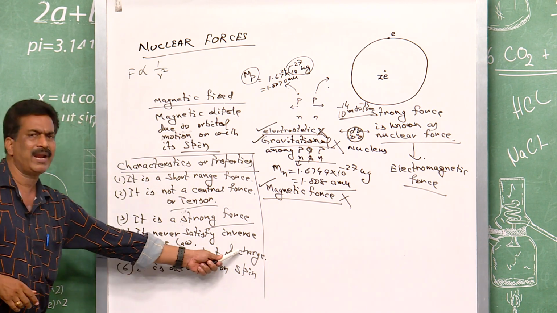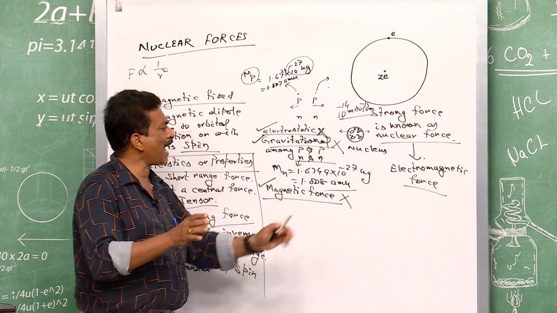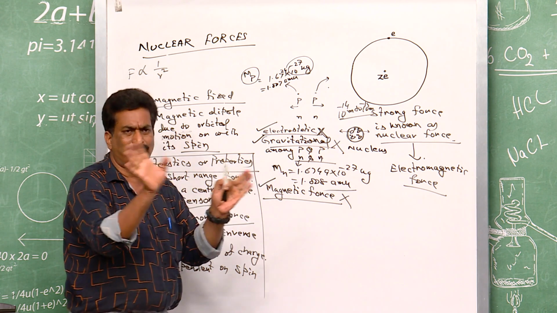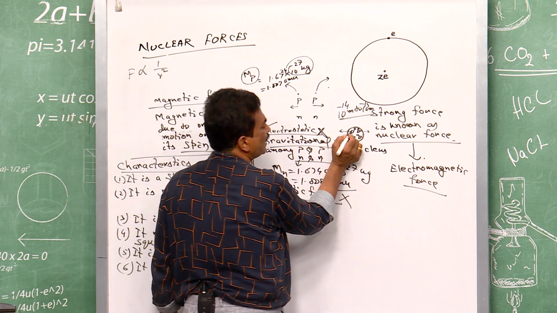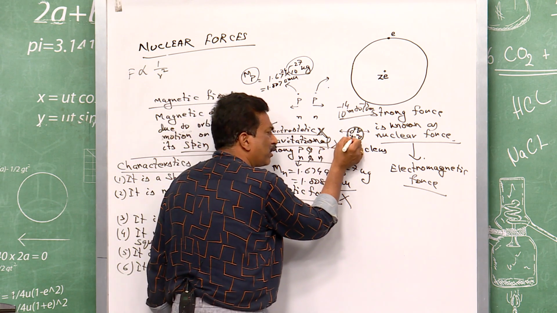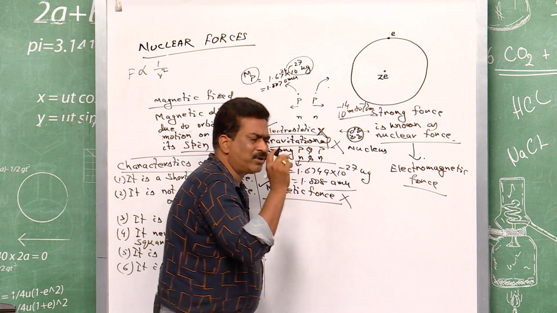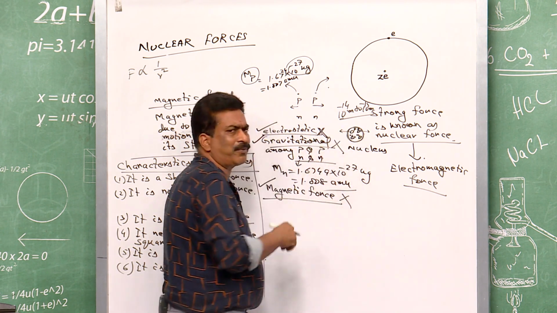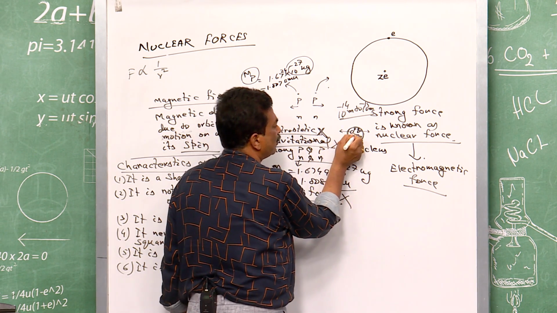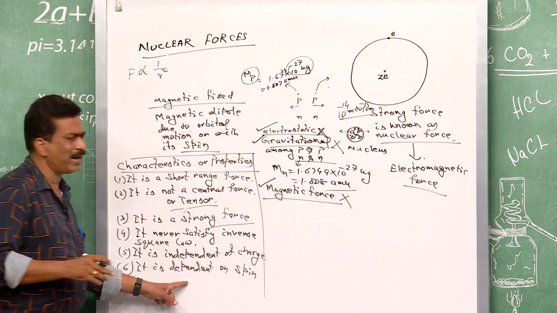It is independent of the charge. Whatever the nature of the charge, the force is never related to it. Between proton and proton, the force is there. Between proton and neutron, the force will be there. Between neutron and neutron, the force will be there. So the force exists among different particles.